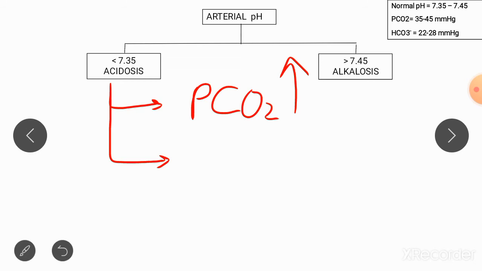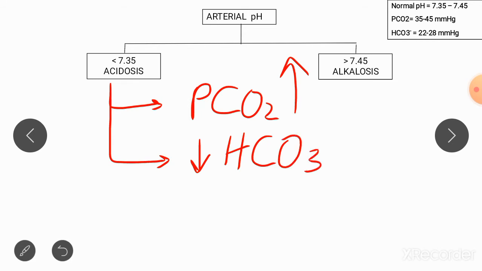And then what can be the other causes of acidosis other than the respiration? So the metabolic acidosis is either caused by decreased bicarb ions or increased hydrogen ions, but mostly you are given the concentration of bicarb ions. So understand that whenever your bicarb ions are reduced and their value is less than 22 milliequivalents per liter, then you will understand that this person is suffering from metabolic acidosis.